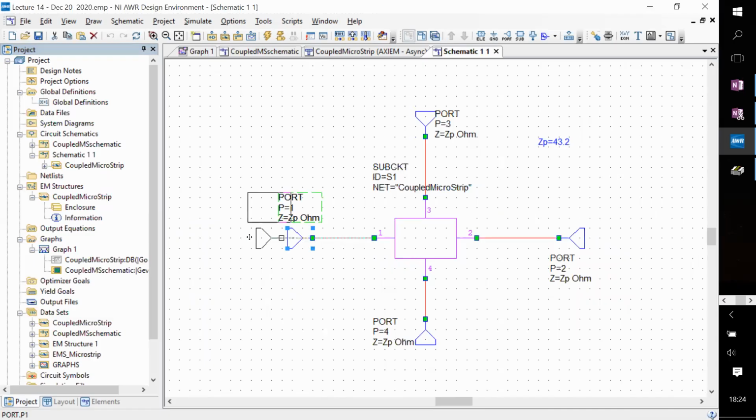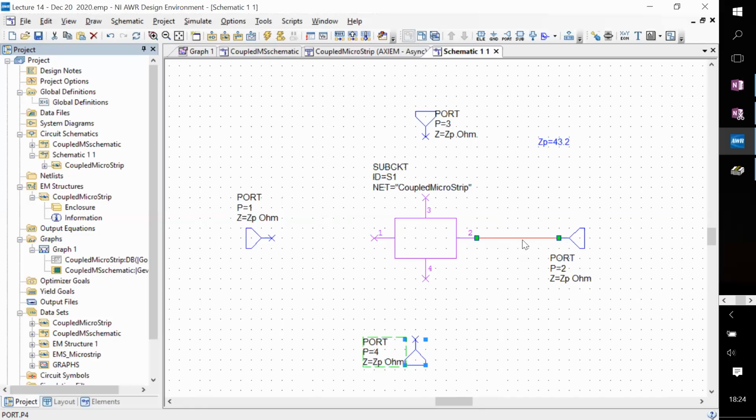And now I'm going to see what's the best way to do it. Okay, I guess I will start with... I'm going to have only 2 ports, and actually not even 2 ports, actually just 1 port.